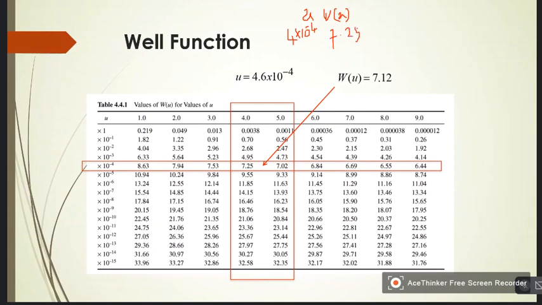And for 5 into 10 to the power of minus 4, the value is 7.02.